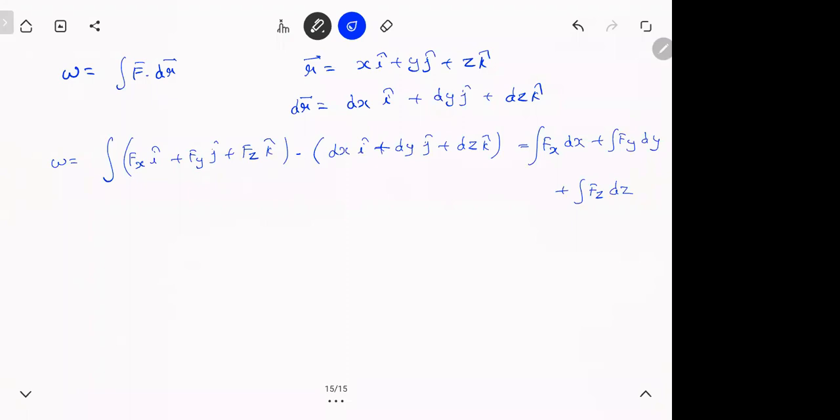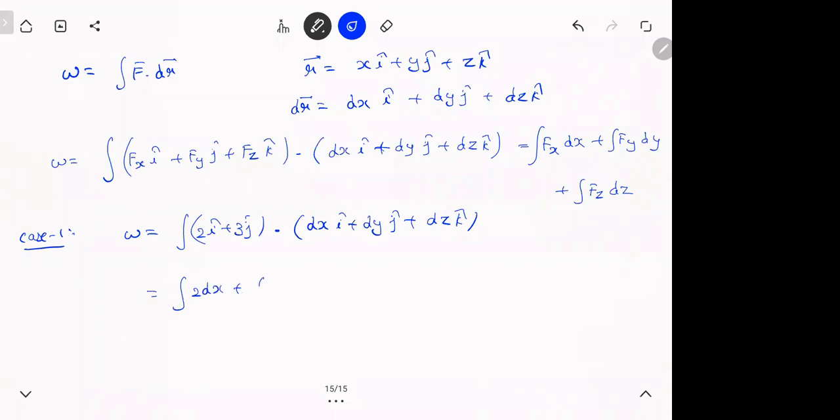Now look at our case 1. The work done. What is the force? 2i plus 3j dot product. This is the process which you should use in case the force is not constant. So this will be integral 2dx plus integral 3dy. You're going from A to B. You're integrating x here, so from xa to xb.